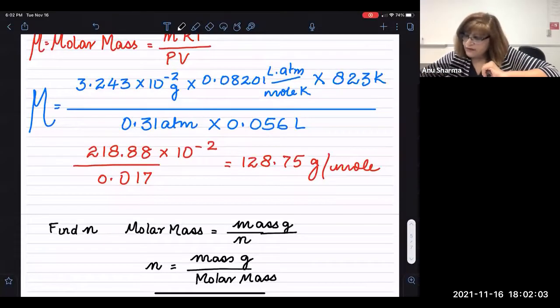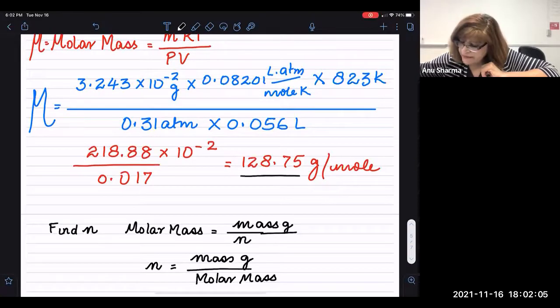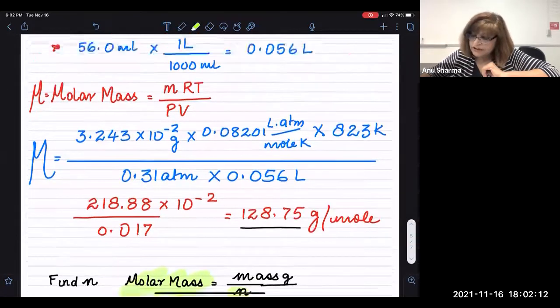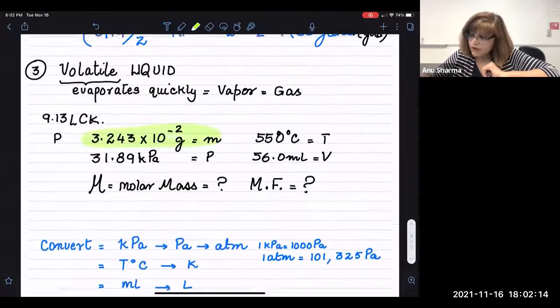Okay, once you get the molar mass, the next formula is you take the molar mass. We need to find the value of N because the question is asking us what is the molecular formula.